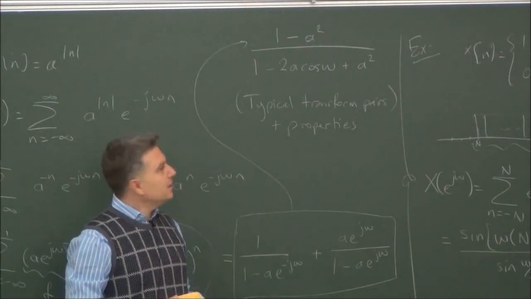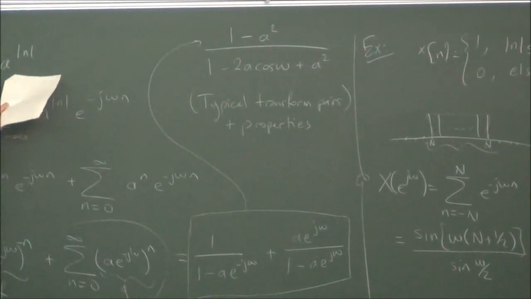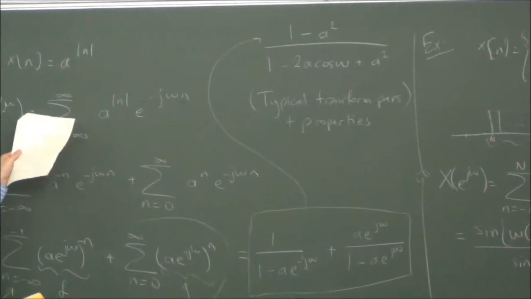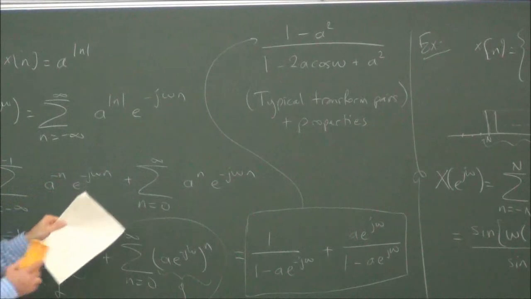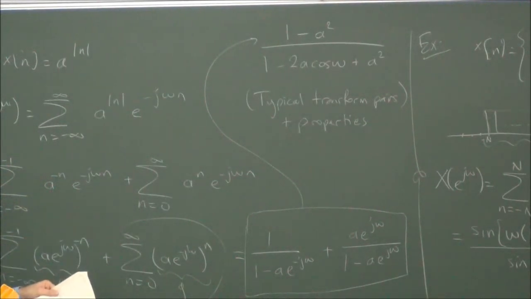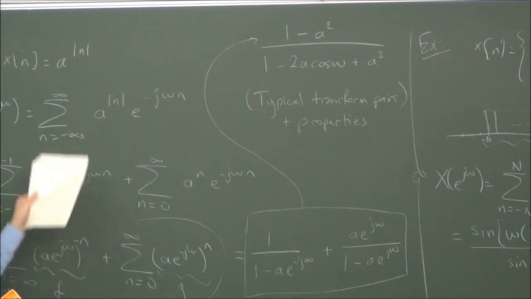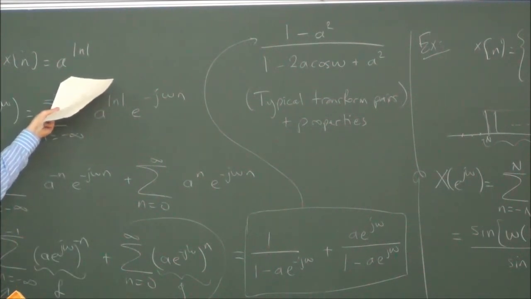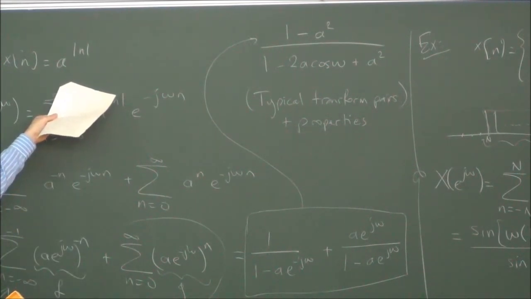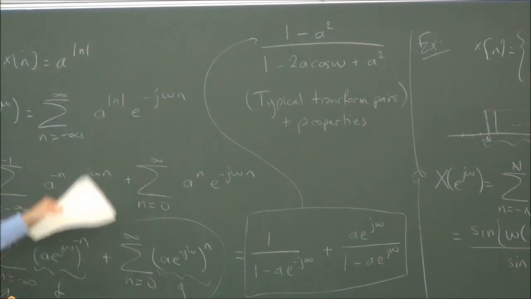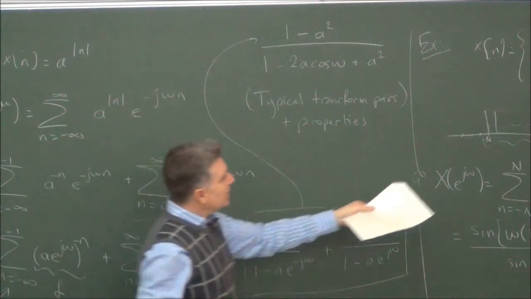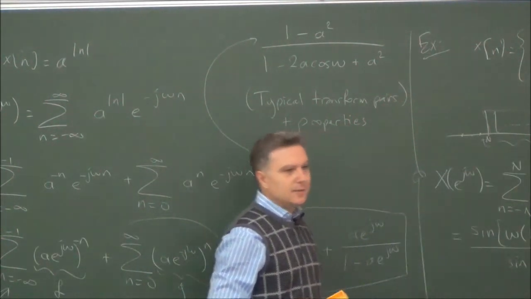But this one became real, whereas for a to the minus n u of n, the Fourier transform was not real. That was the first example we saw last hour yesterday. But this one is real. Why is the Fourier transform of this real?